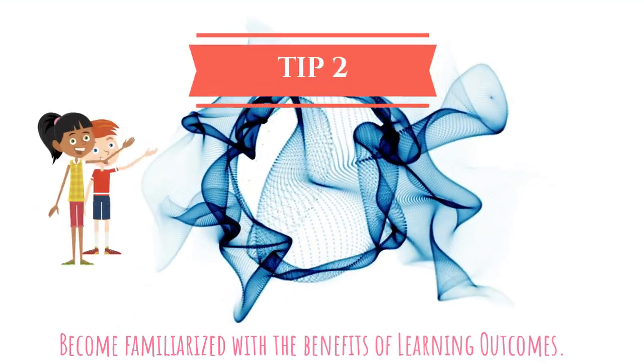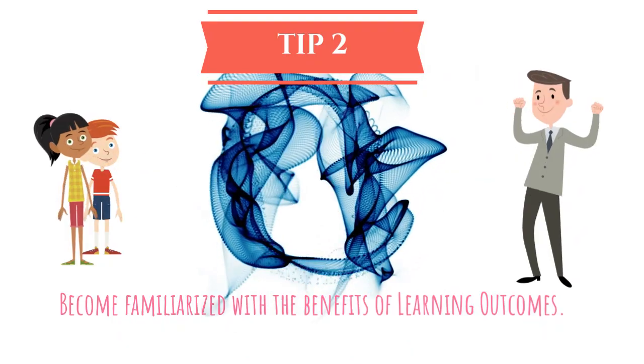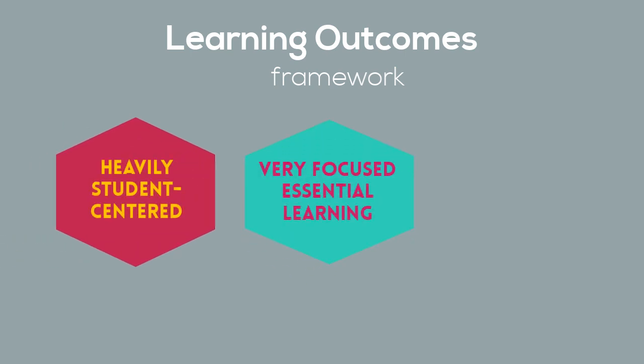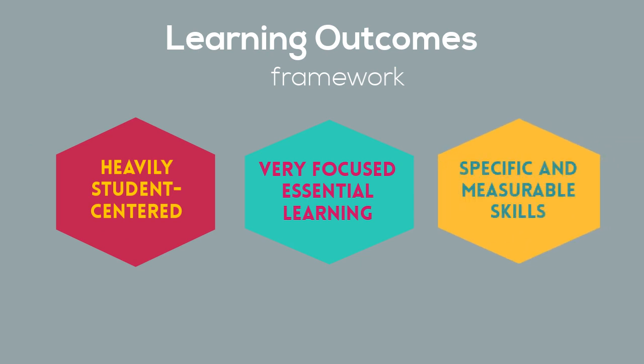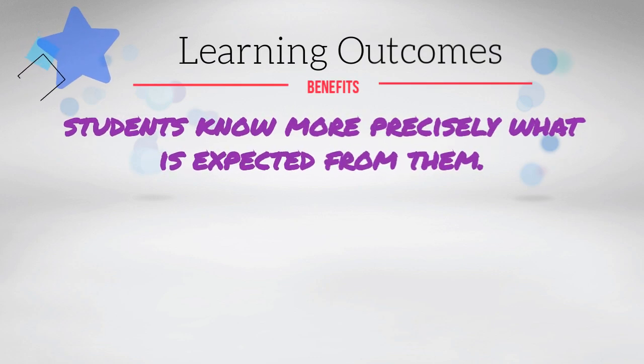Tip 2. Become familiarized with the benefits of learning outcomes. Again, this framework is heavily student-centered, and this significant and essential learning must be very focused through specific and measurable skills. Some of the benefits are: students know more precisely what is expected from them.